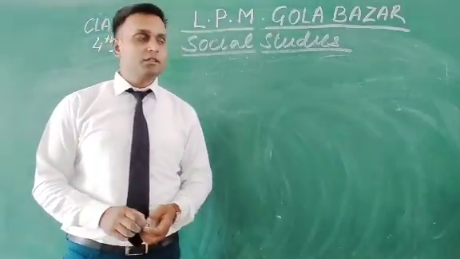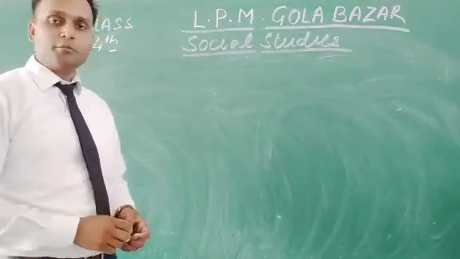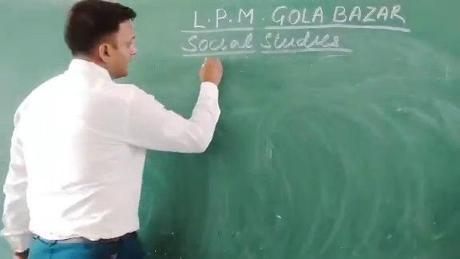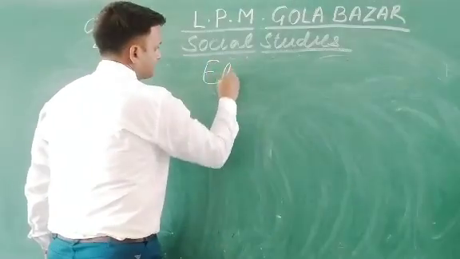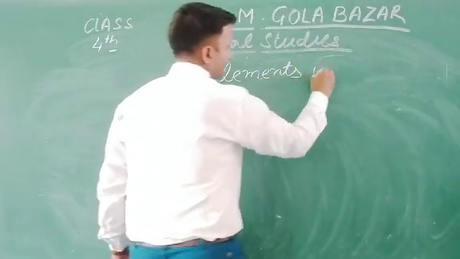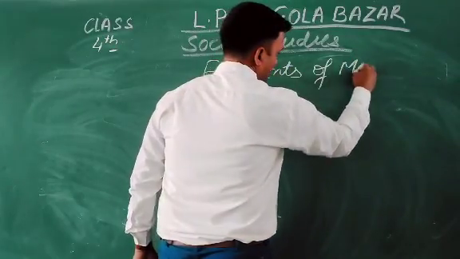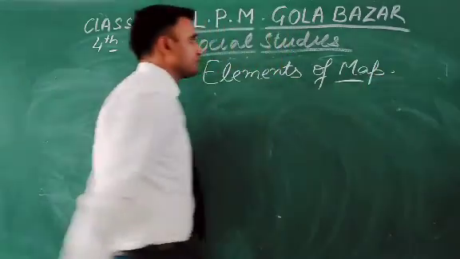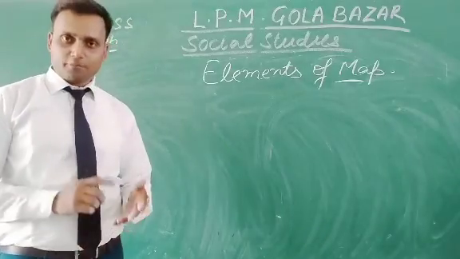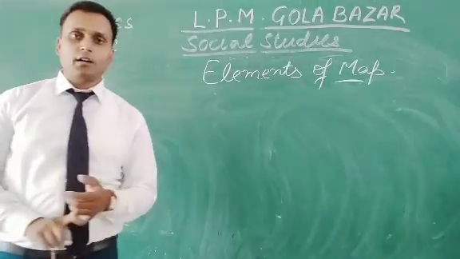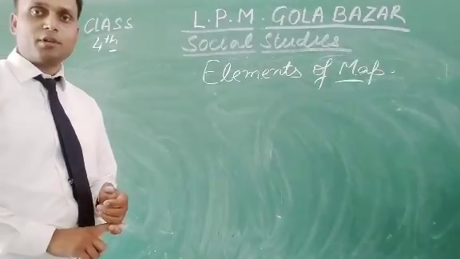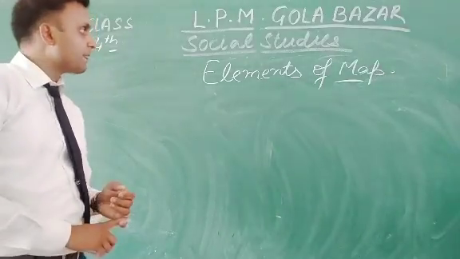Now, as we have learned how many types of maps there are, we will come to elements of map. We have learned that there are three types: physical map, road map, and thematic map.